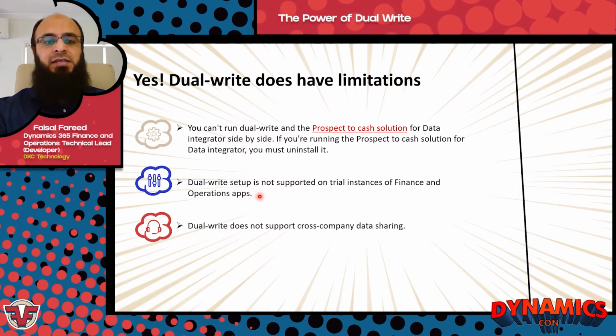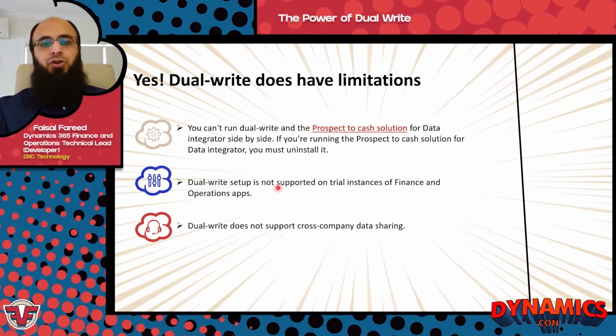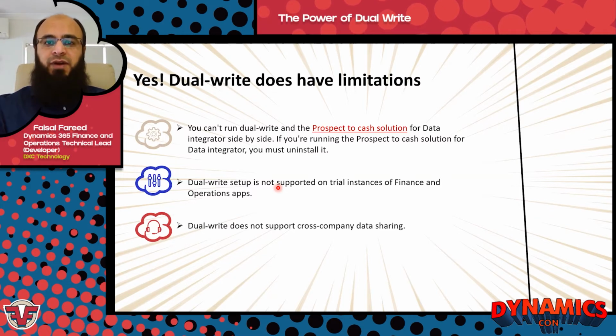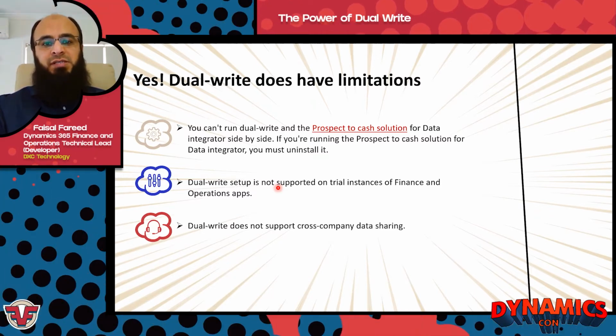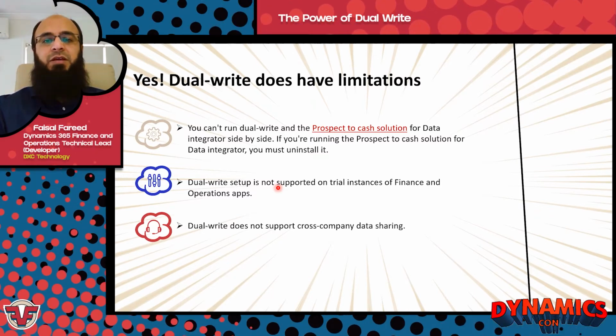Dual write setup is only between one finance and operations and one customer engagement instance. It cannot be from trial instances, meaning you cannot link two finance and operations instances with one customer engagement instance or vice versa. Dual write also doesn't support cross-company data sharing. If you are a finance and operations person, you know this.